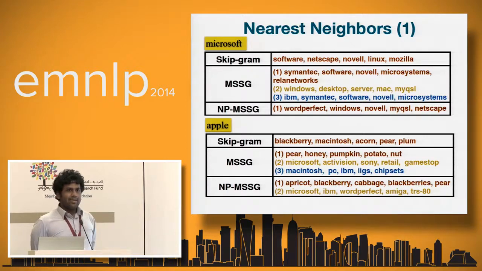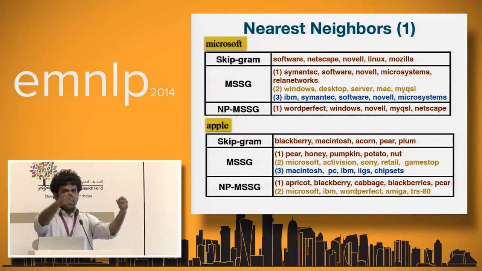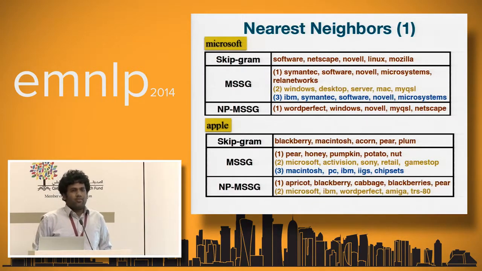Hi, so here you have shown that the nearest neighbors make sense, but I just want to know if you have any comment on the interpretability of the dimensions of individual vectors. Yeah. When we look at subsets of the whole vector, we could not interpret anything out of it.